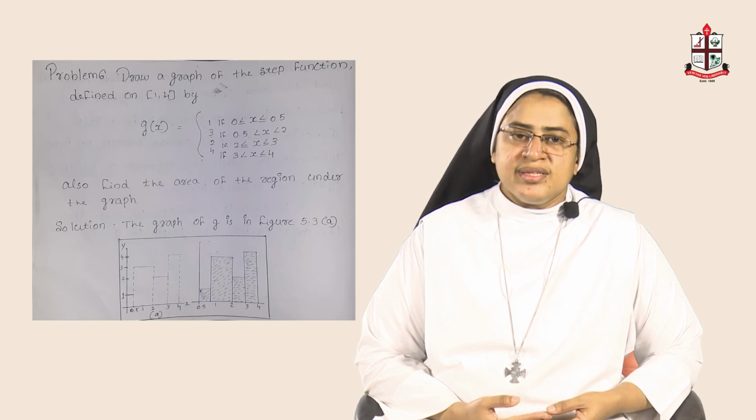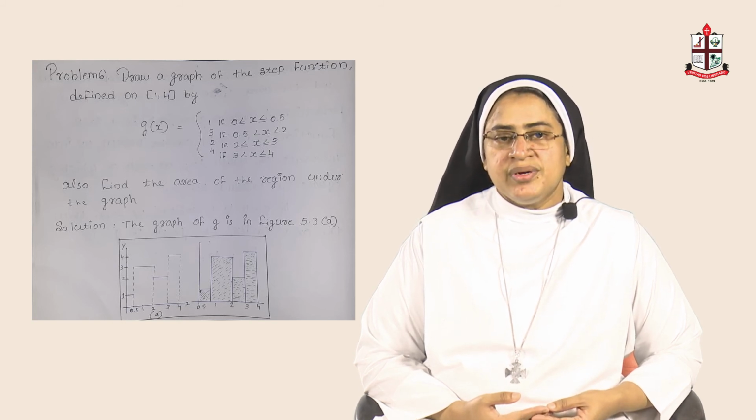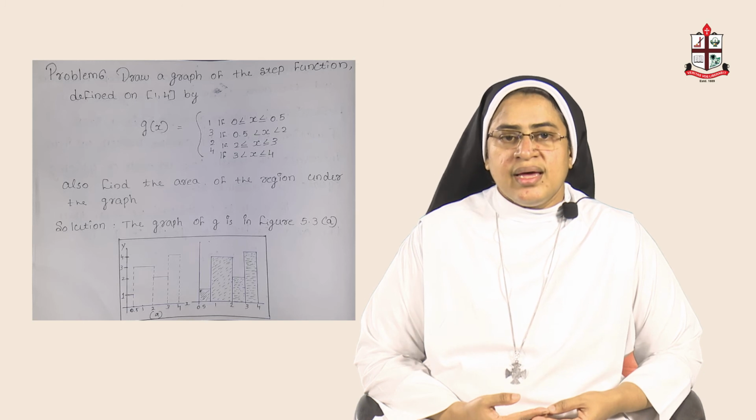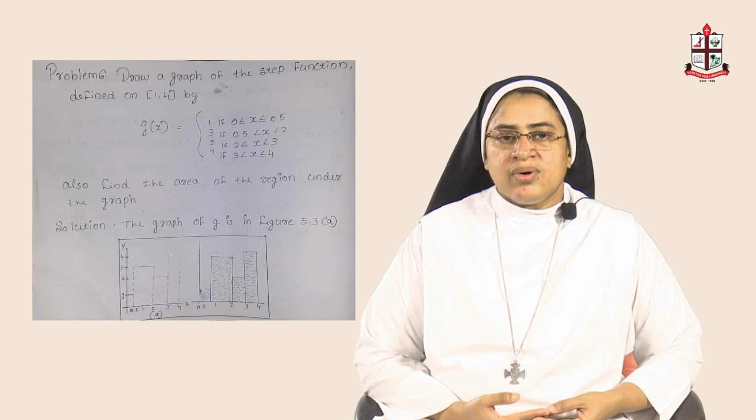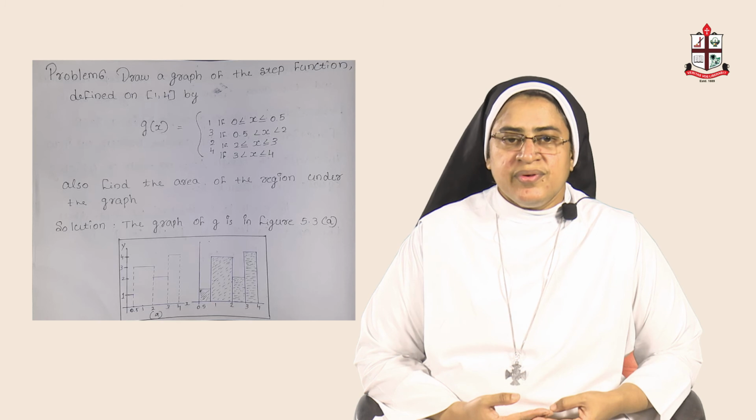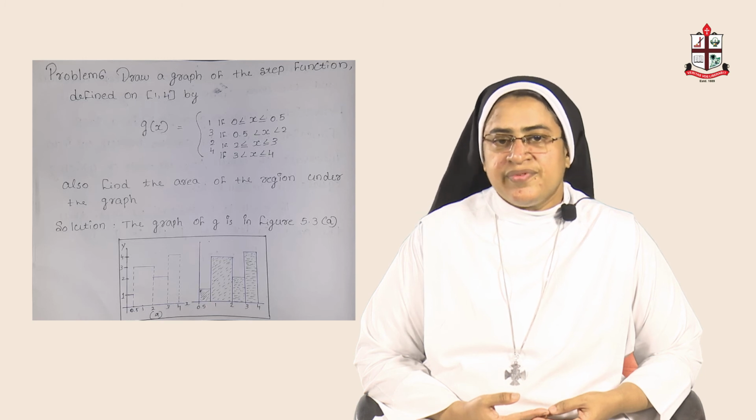So, in order to find the solution, you are trying to draw the graph of g and find the values from 0 to 4. If you are drawing the line, you can draw it like this, that is 0 to 0.5, 0.5 to 2, 2 to 3 and 3 to 4. The 4 different values and the graphs are drawn, and you can just shade those parts in order to find the area.